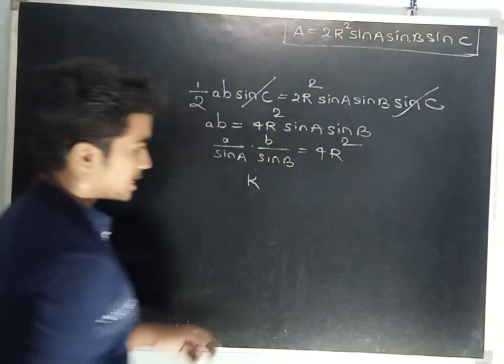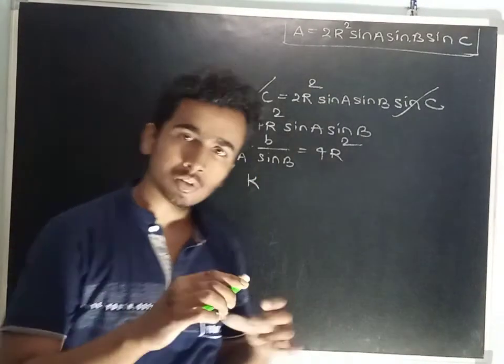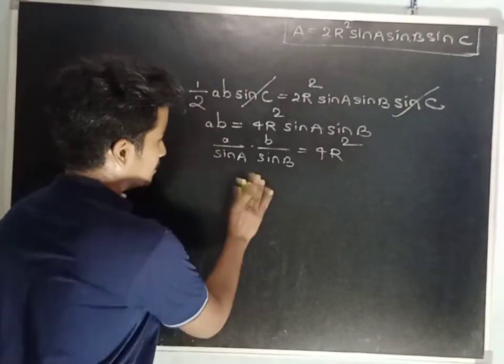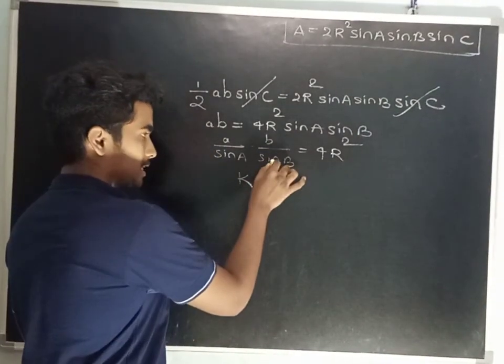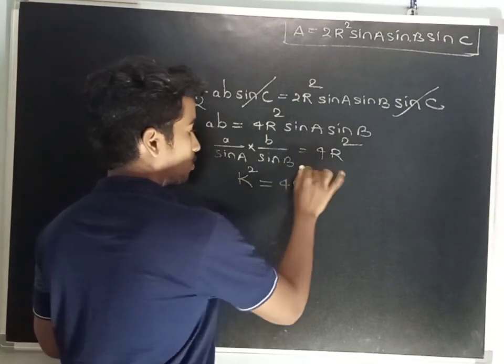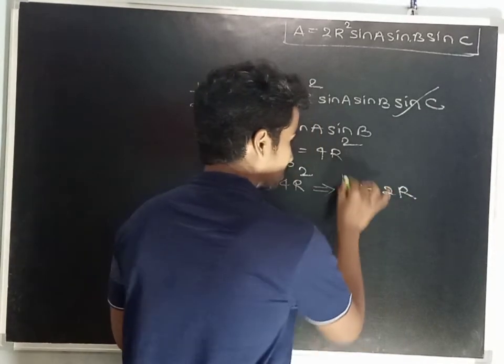In sine rule, we have considered that a by sin A is equal to b by sin B is equal to c by sin C is going to be K. So a by sin A is K and b by sin B is K. K into K, K square, is equal to 4R square. It means K is equal to 2R.